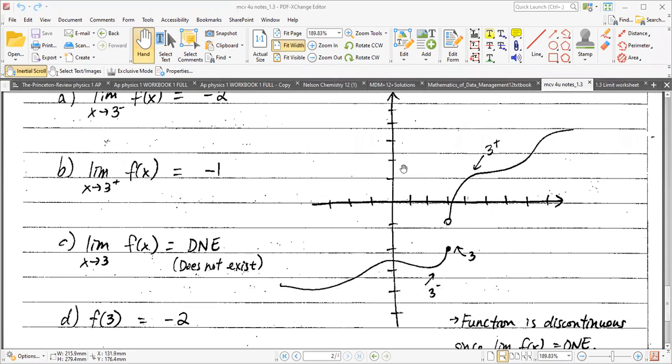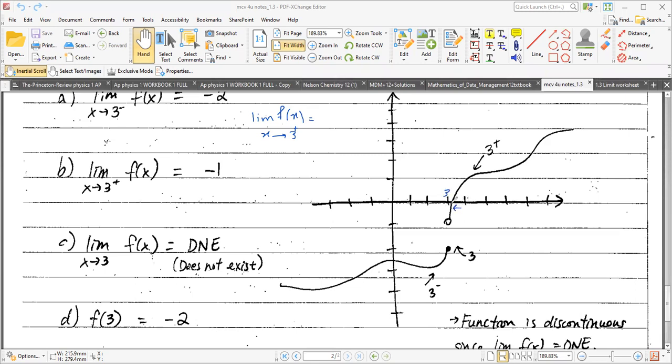This is other function. Okay, I want to see what is the limit of this function f of x when x go to 3 from positive side? And I say positive side, the 3 is here, means you're getting close to 3 from higher value.